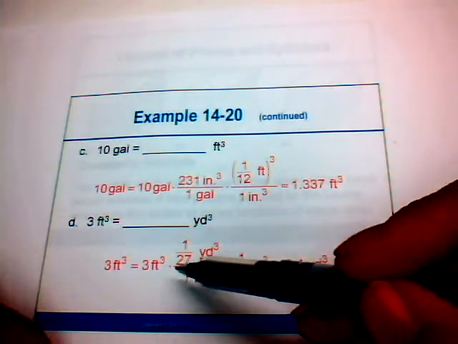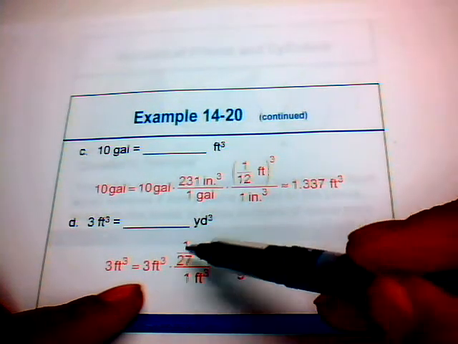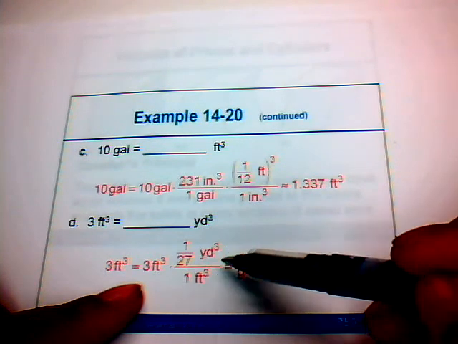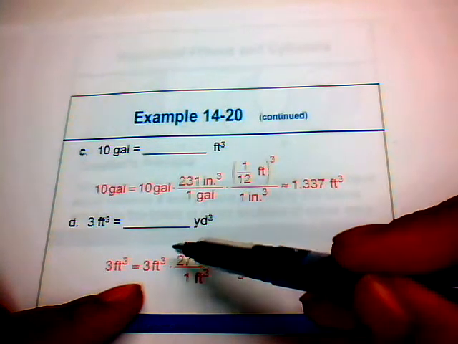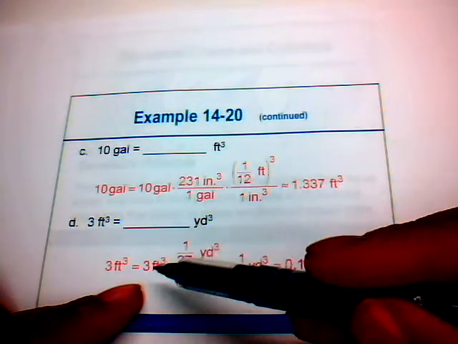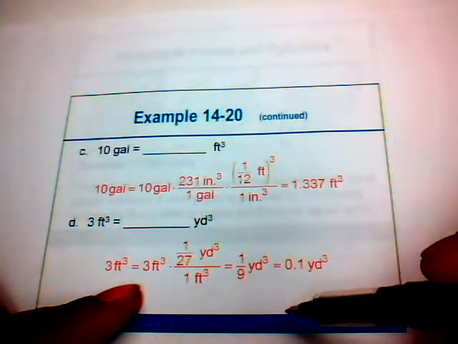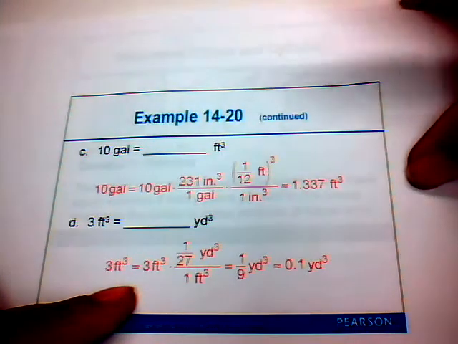Then that will be multiplied by 3 cubic feet. So the 1/27, which is associated with a cubic yard, goes on top, the 1 cubic foot goes on the bottom. Divide out your cubic feet, you'll get 3 times 1/27, or 1/9 of a cubic yard, which is approximately 0.1 cubic yards.